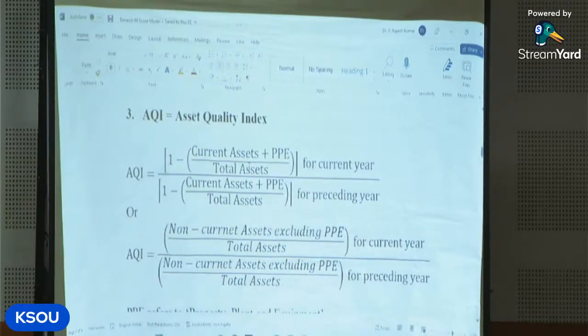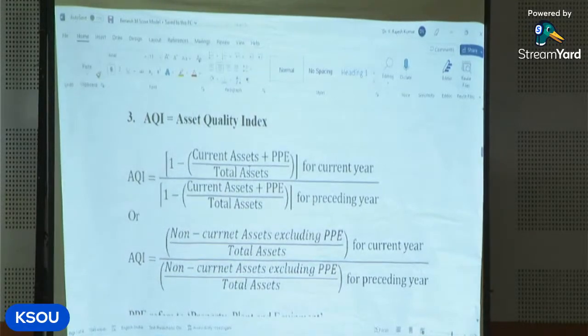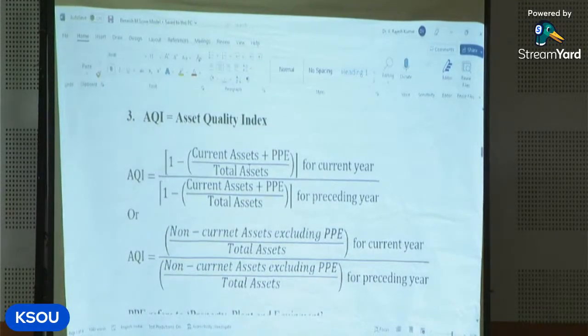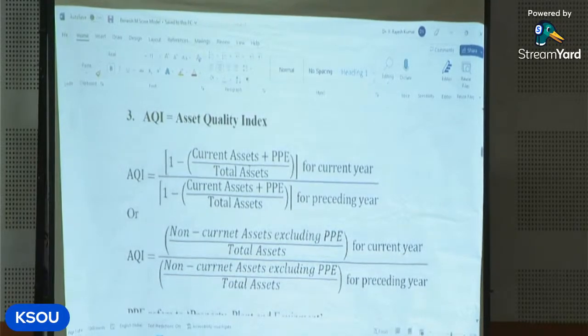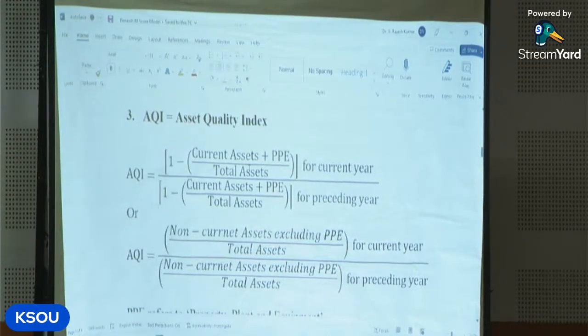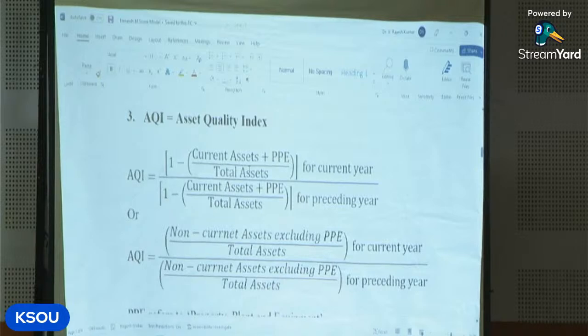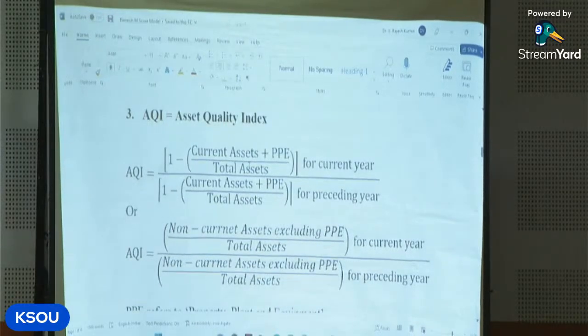Now, when I say 1 minus, what does it mean, sir? Percentage of non-productive assets out of total assets. So current assets and property, plant and equipment are productive assets. Remaining are non-productive. So intangibles, goodwill, etc., investments, whatever else you have, are non-productive.